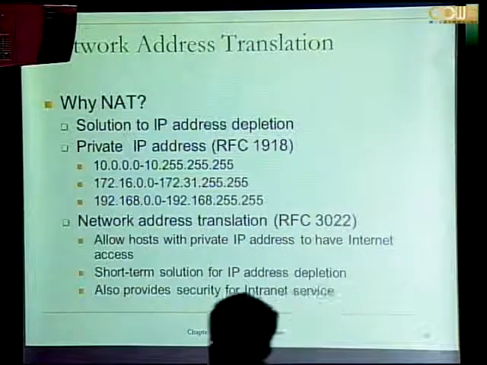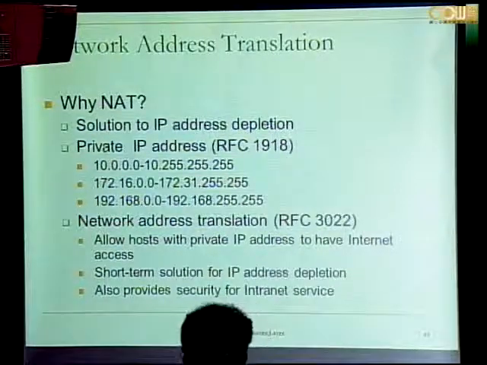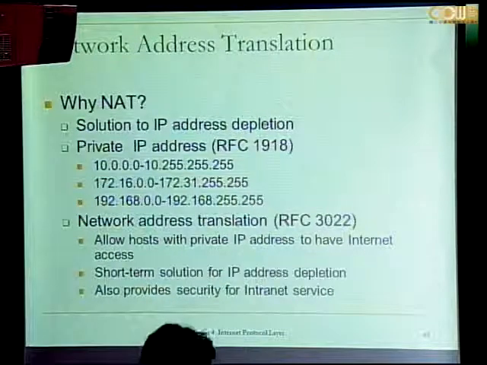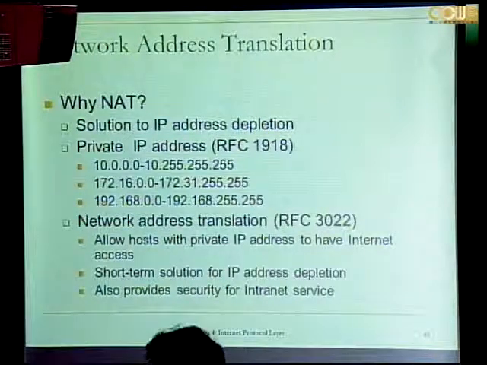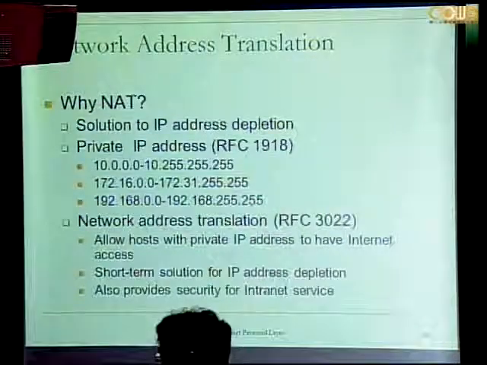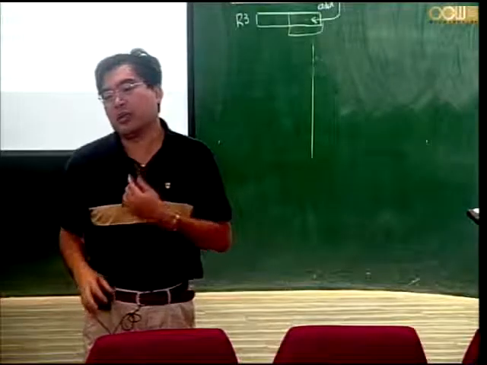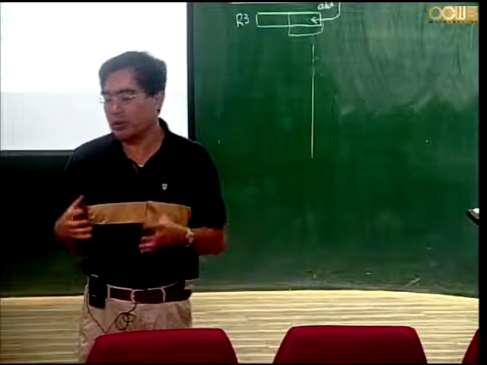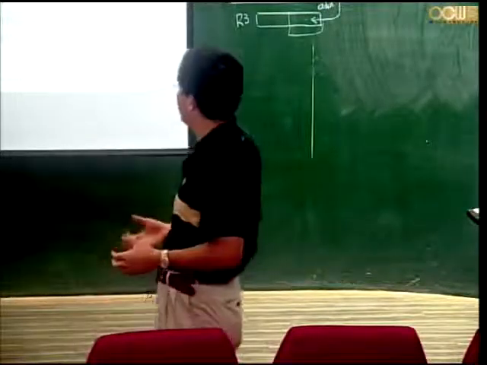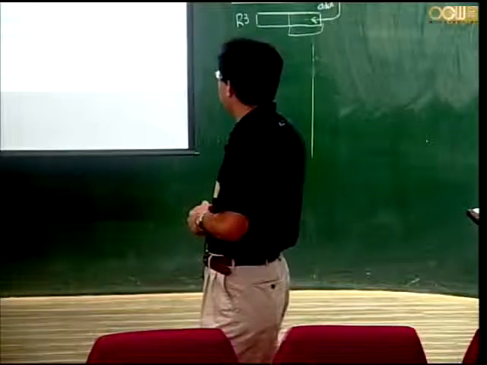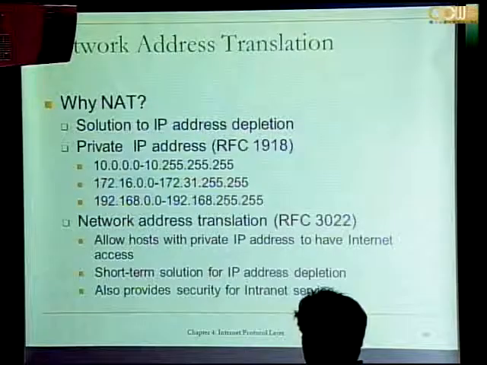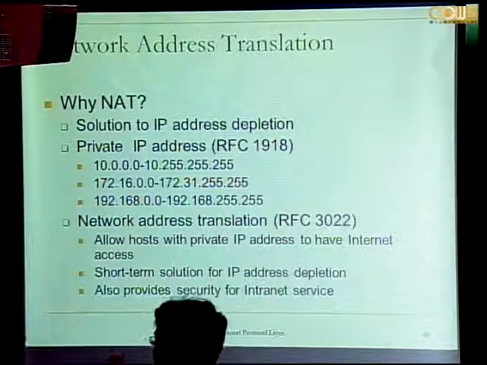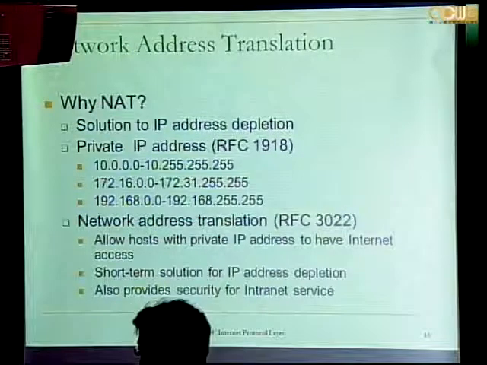Remember, I said in the beginning of the class today that if the service provider has run out of IP addresses and cannot allocate more, then it would allocate private IP addresses. That's one possibility. So you might get a private IP address from a service provider.